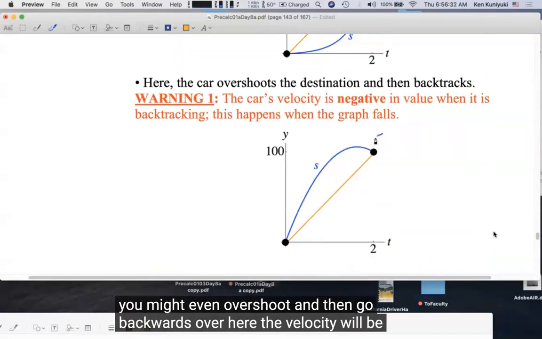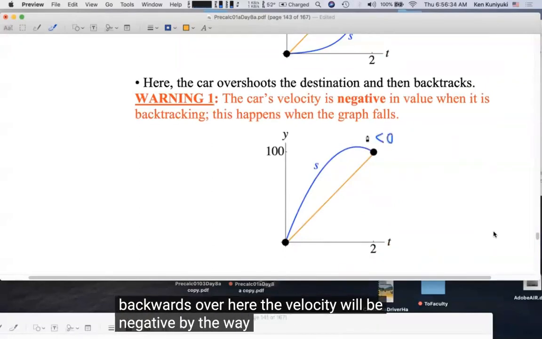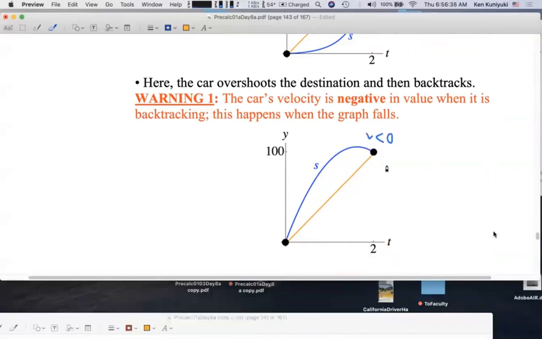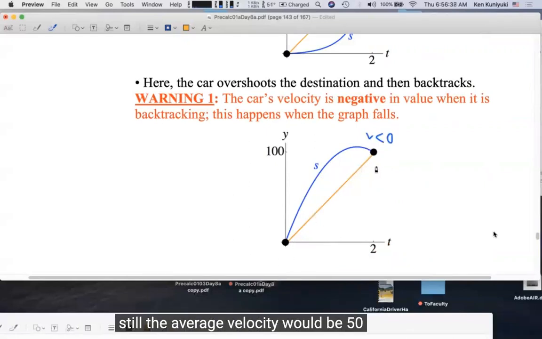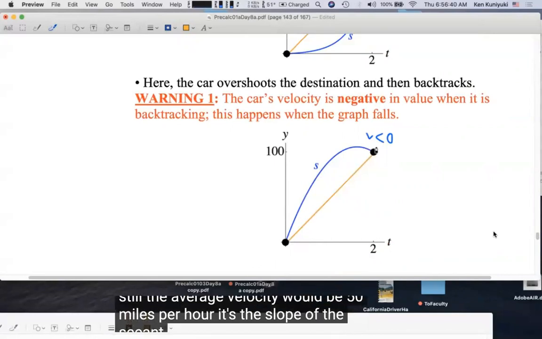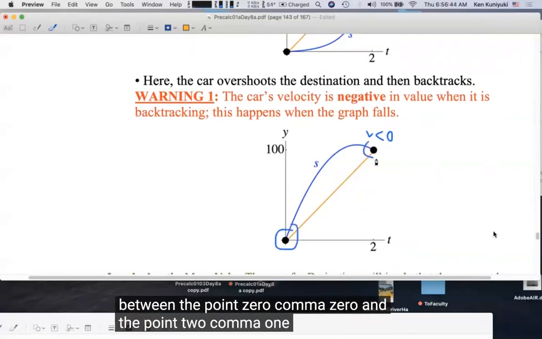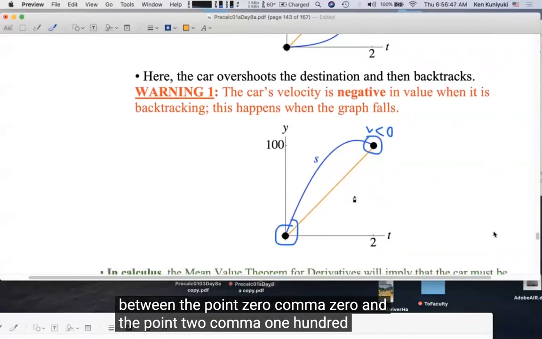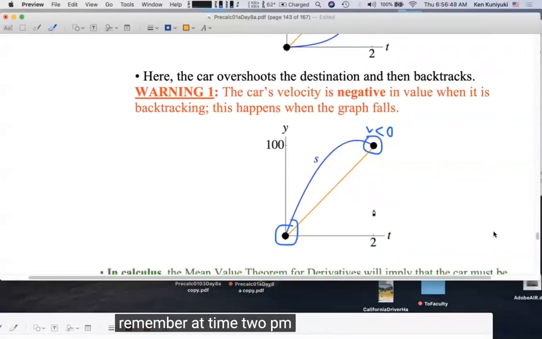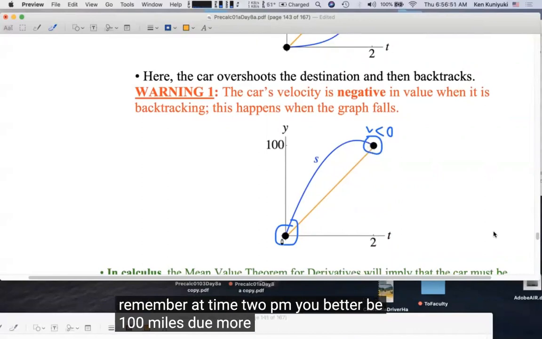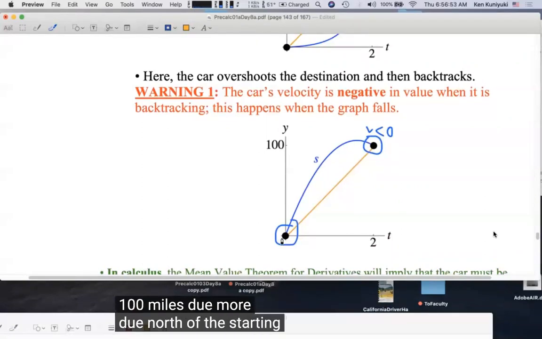Over here, the velocity would be negative, by the way. Still, the average velocity would be 50 miles per hour. It's the slope of the secant line between the point (0, 0) and the point (2, 100). Remember, at time 2 p.m., you better be 100 miles due north of the starting point.